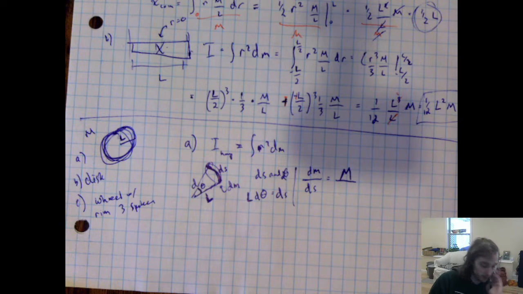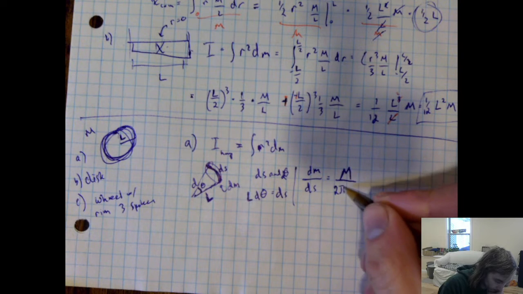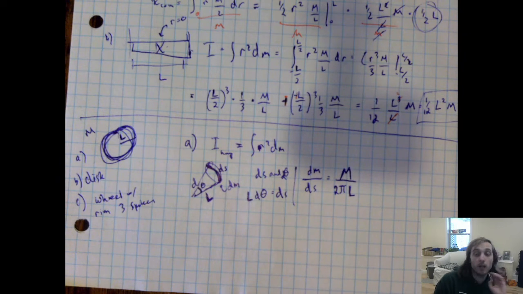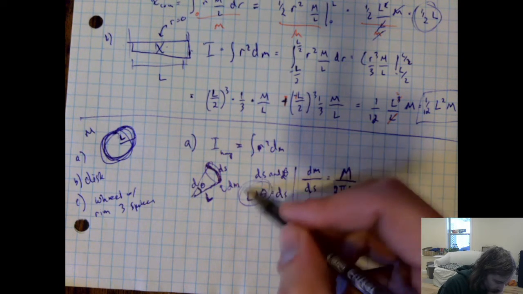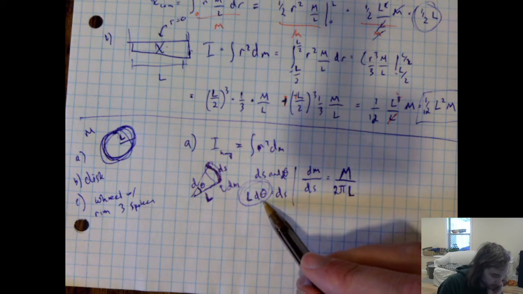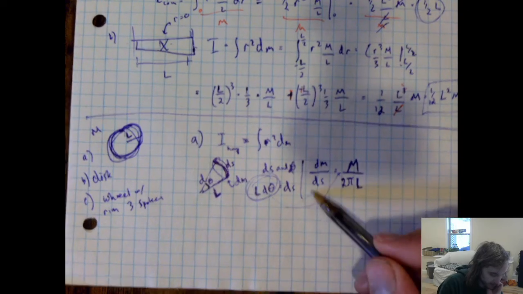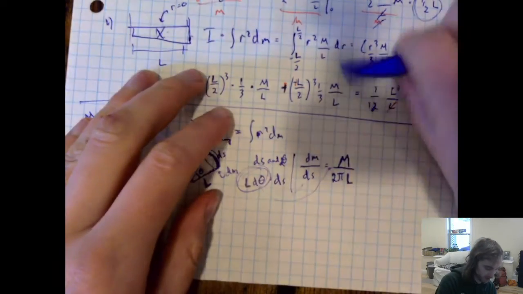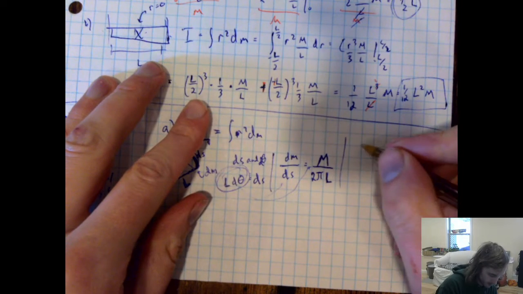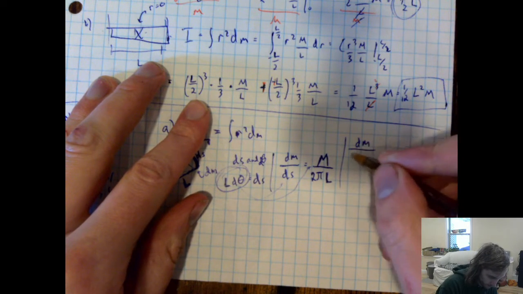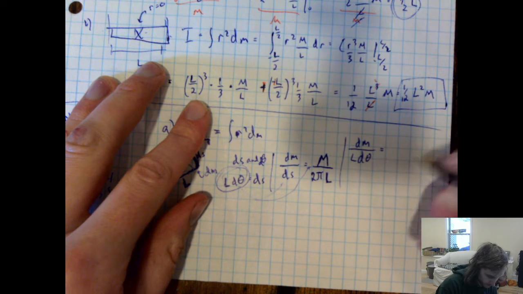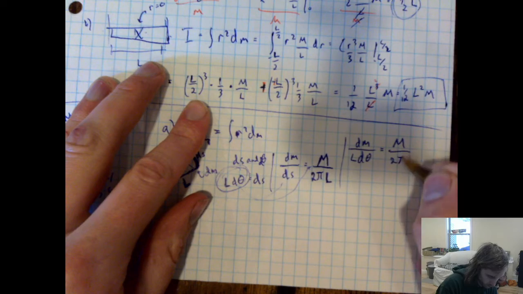Well, the circumference of the hoop is 2 pi times the radius, which is L. So now, when we're doing this, what we can do is take our theta and throw that up instead of ds. And so what we'll get when we plug that in is dm over L d theta is equal to m over 2 pi L.